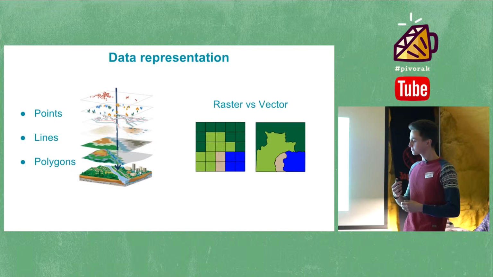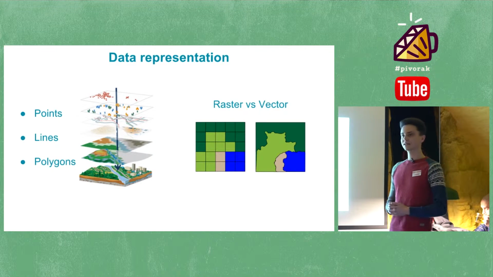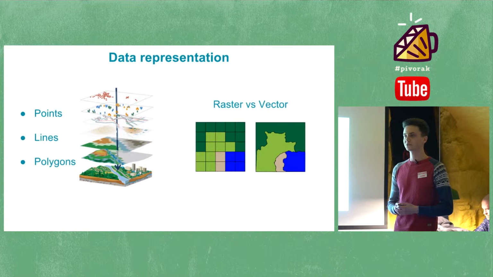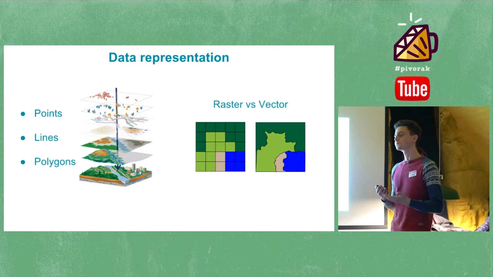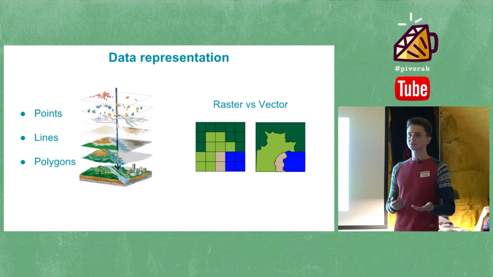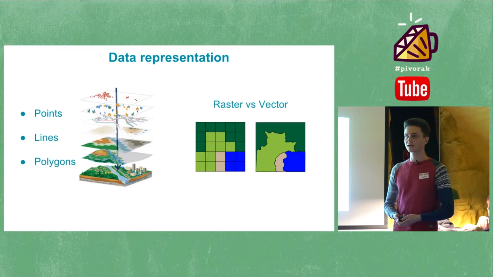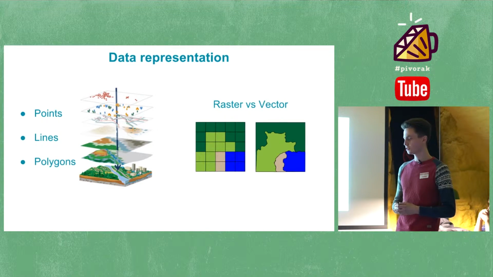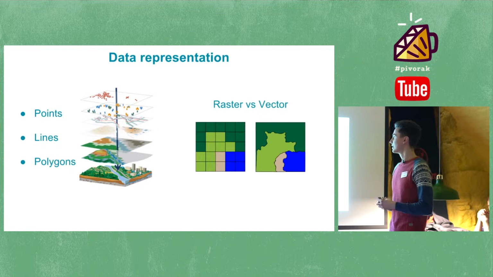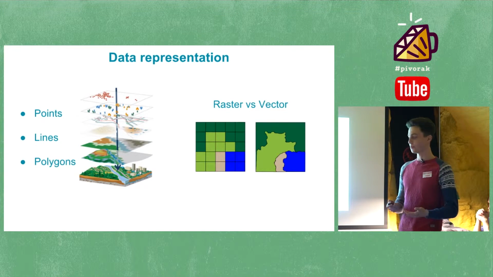And those objects could be represented as continuous fields and discrete objects. So basically, if we want to simplify that, it's just dots, polygons, and lines, which are referencing the exact location on the map.